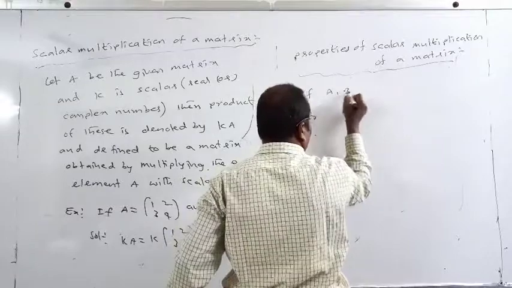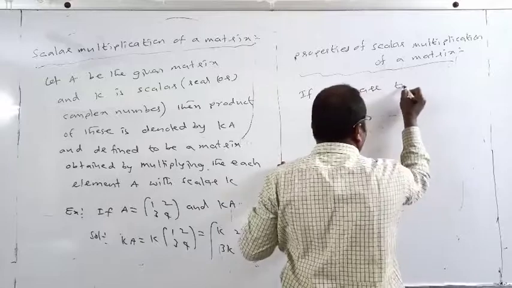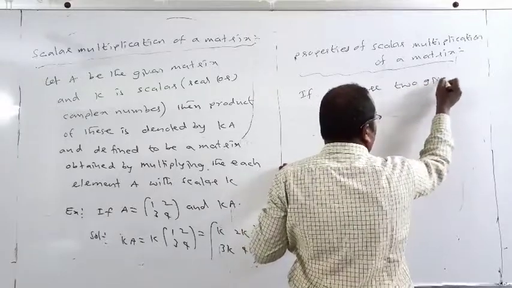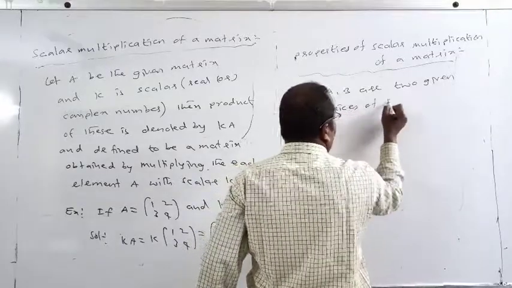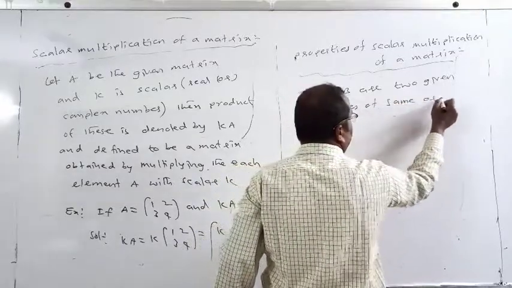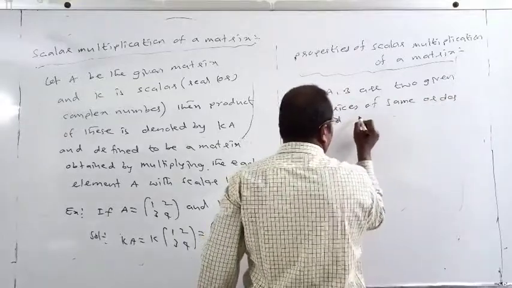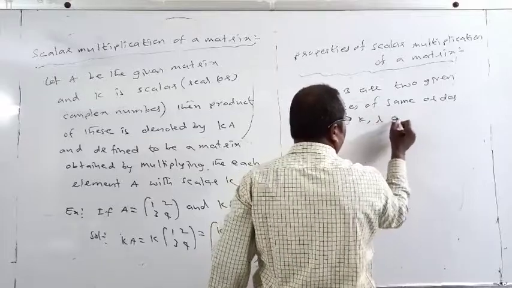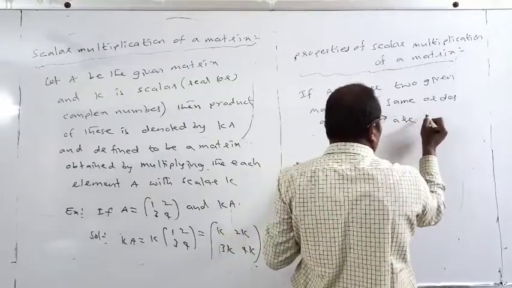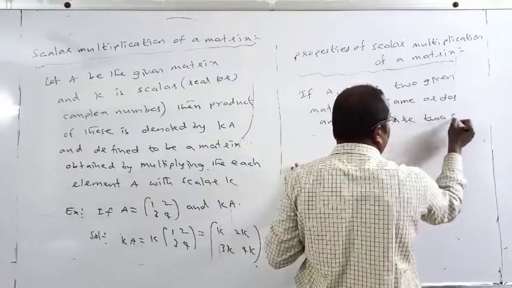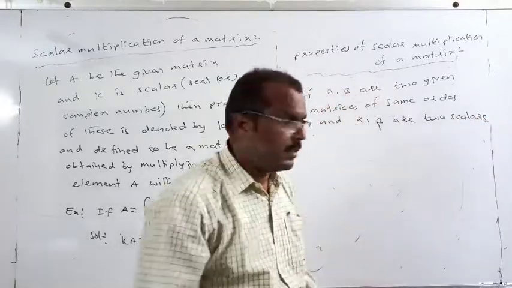If capital A, B are two given matrices of the same order, and k, l, or you can write alpha and beta, alpha and beta are two scalars. In place of k, here alpha is taken.